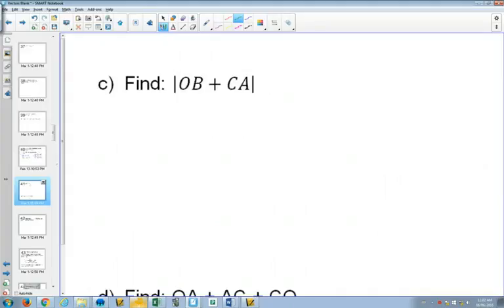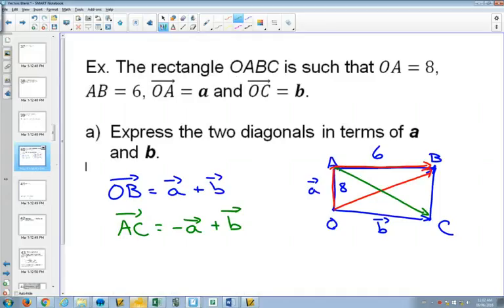What is the length of O to B plus C to A? So I'm going to just write out C to A here as well.